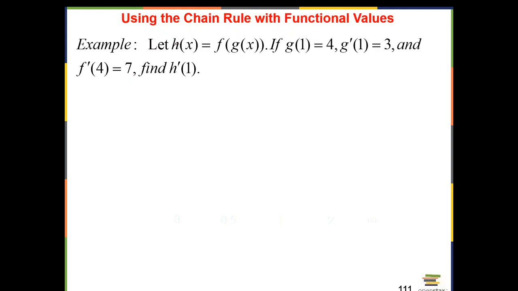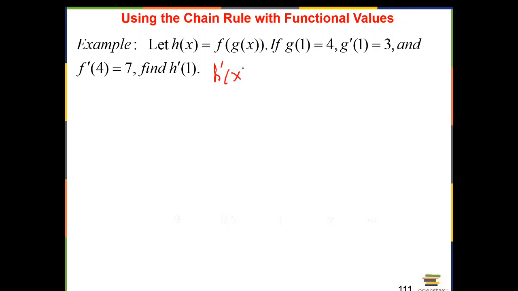So example, let h of x be that right there. If g of 1 is that, and g prime of 1 is that, and f prime of 4 is that, find h prime of 1. Now before we find h prime of 1, find h prime of x.